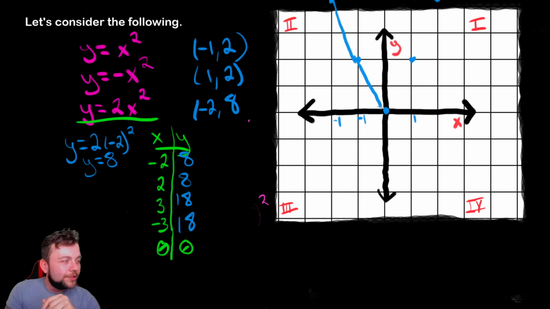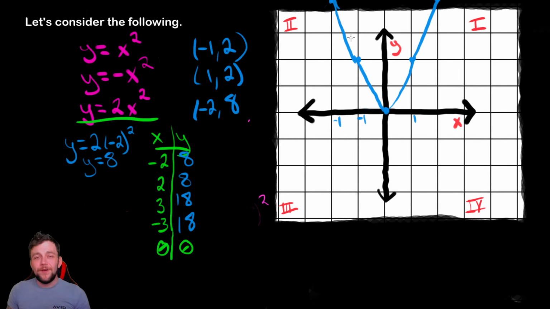But what changed? I put that 2 in front of my x value. What do you suppose would happen if I put a 3 in front of my x value? Or a 4 or a 5, okay? So if I continue to increase that number in front of my x value, that looks too much like a V. It still kind of gets rounded off at the bottom.